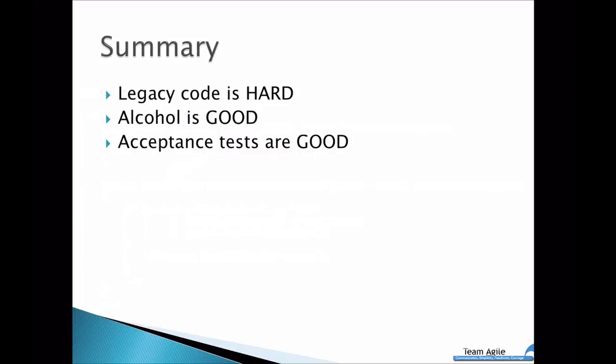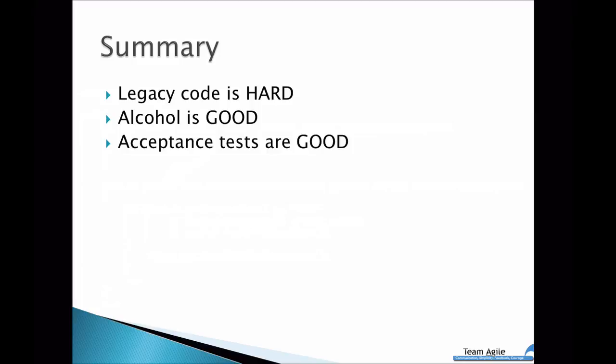Okay. So, in summary, what I want to say is that legacy code is hard, alcohol is good. However, all the refactoring stuff that I just told you about, you cannot do without the acceptance tests. So if there's one thing that you have to start with, it's not even the refactoring.